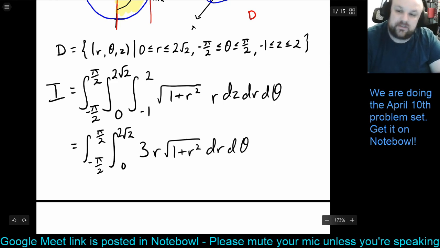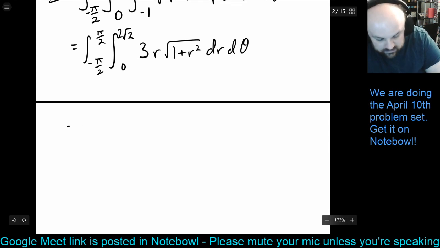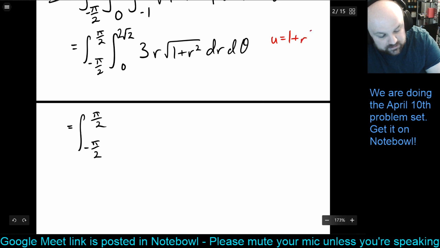So that's all we're going to have. When we integrate this one, it's going to be done with a u substitution. So from minus pi over 2 to pi over 2, the u sub you would make here is 1 plus r squared.